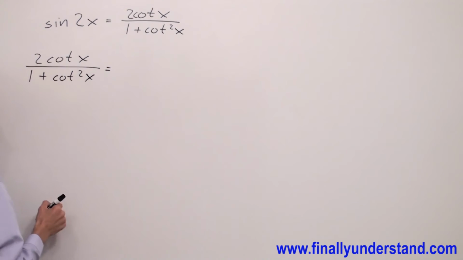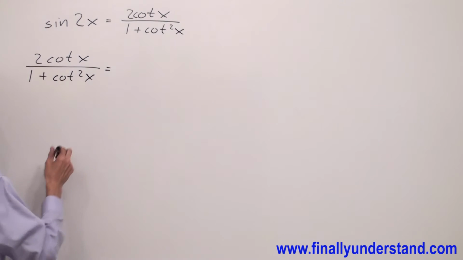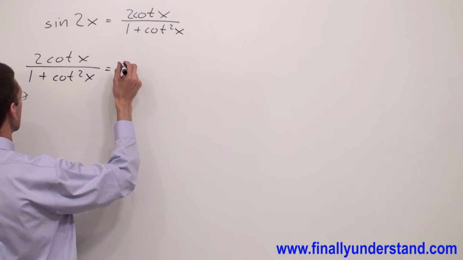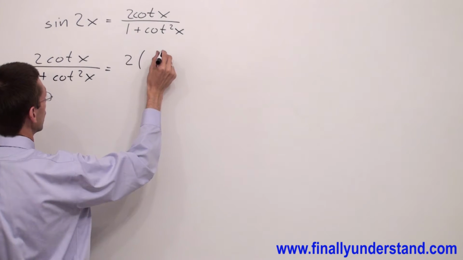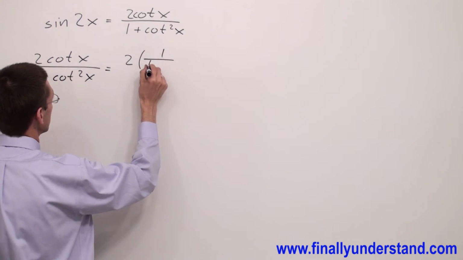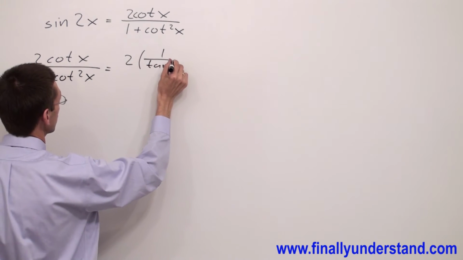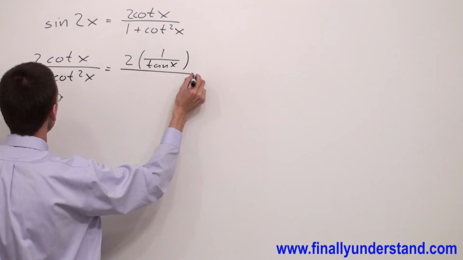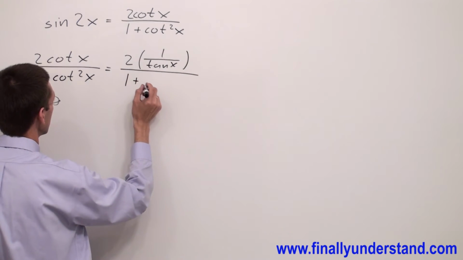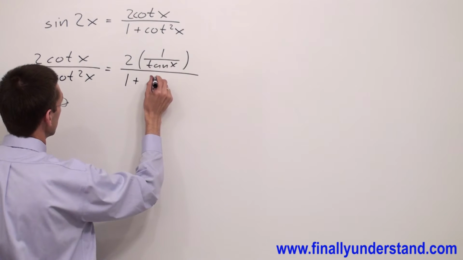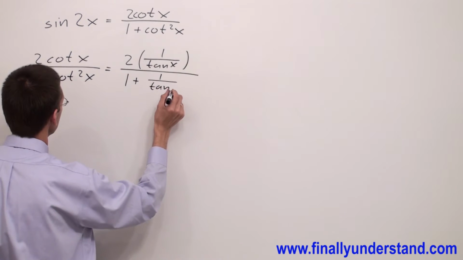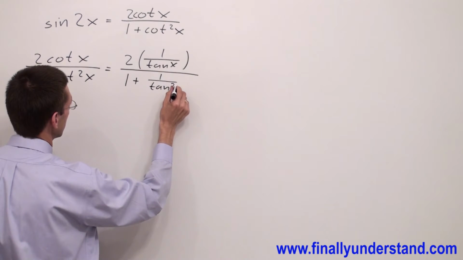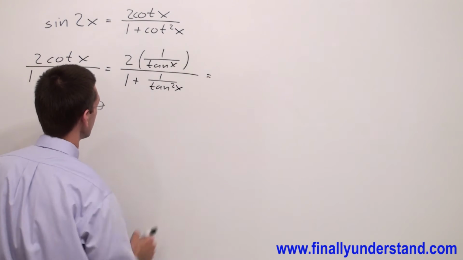This is equal. I'm going to use right now the reciprocal relations, and I'm going to write that in the numerator I have 2 times 1 over tangent x, over 1 plus 1 over tangent square x equals.